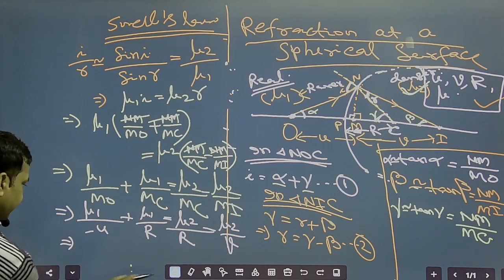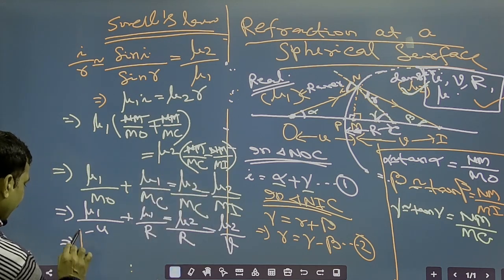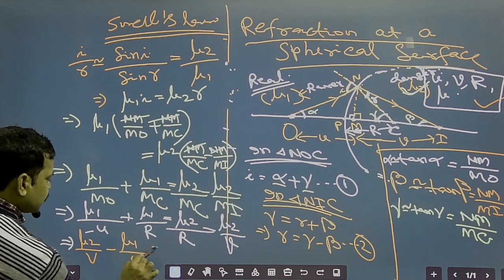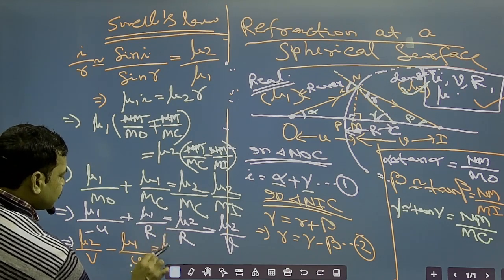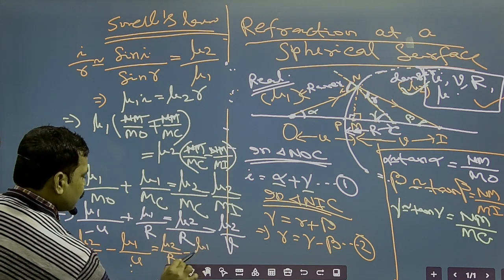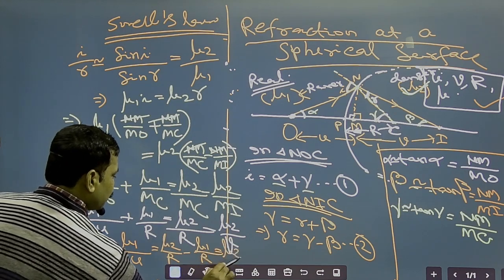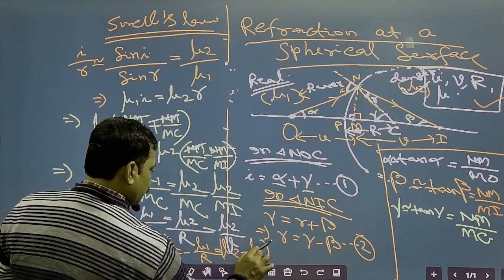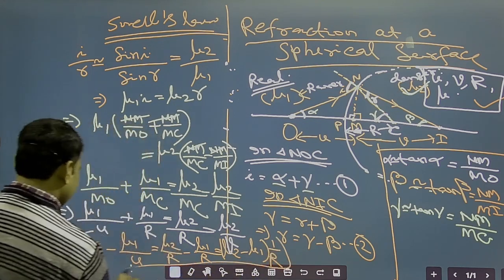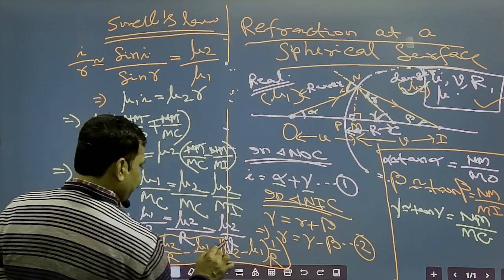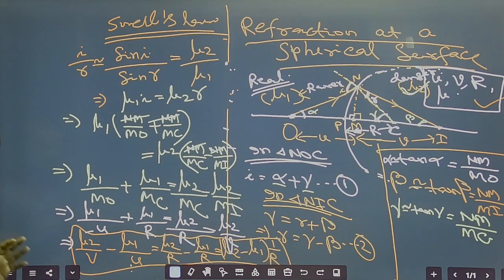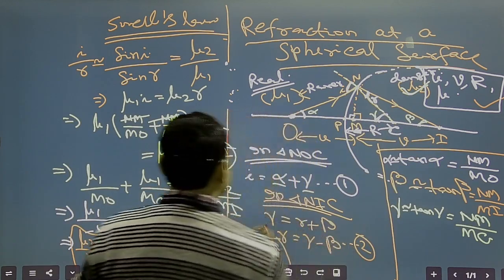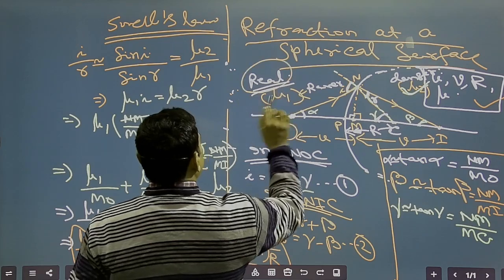So finally we will be getting mu2 upon V minus mu1 upon U, and this will be equal to mu2 by R minus mu1 by R, which equals mu2 minus mu1 times 1 upon R. So this is the required relationship for the refraction at a spherical surface when the object is at the rarer side, the image is at the denser side, and the image formed is a real image.